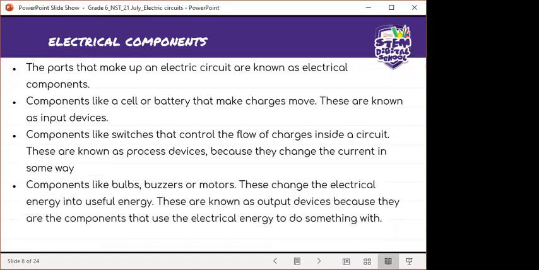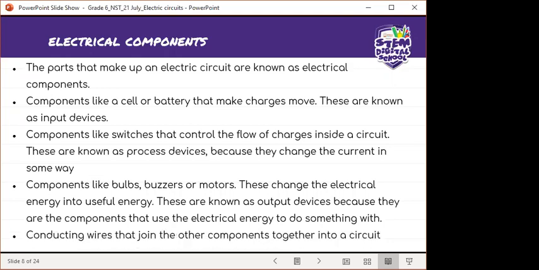And then we have components like bulbs, buzzers, or motors. These change the electrical energy into useful energy. These are known as output devices because they are components that use the electrical energy to do something. Okay, and the conducting wires that join the other components together into the circuit.